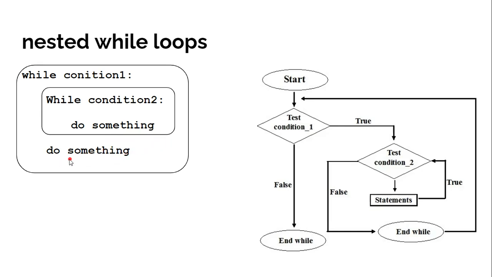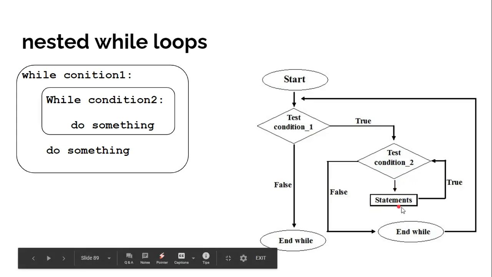Okay, so this chain will occur as long as condition 1 is true. If you see this, firstly we are starting and then checking test condition 1. If test condition 1 is true, then we will go into the inner loop, and here we have test condition 2. Now we'll check test condition 2.